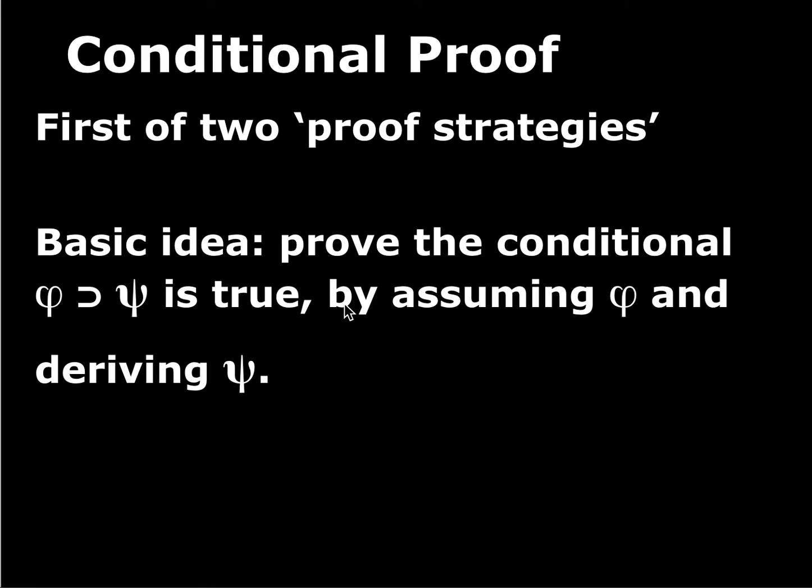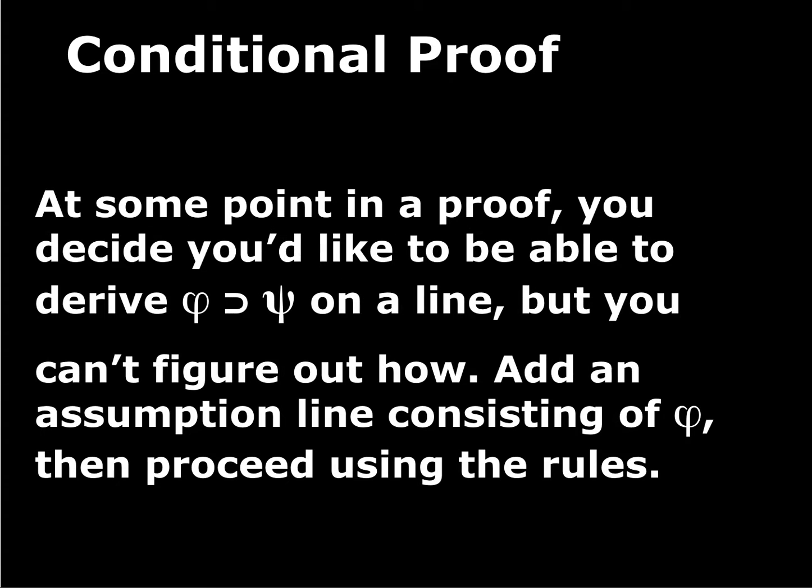You assume phi and derive psi. And assuming phi, that's like pretending that phi is true. And then deriving psi, that's your way of seeing if, once you pretend phi is true, does psi really follow from that? So, in particular, what you do is you just add a line that consists of phi.